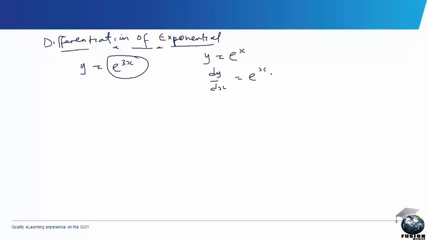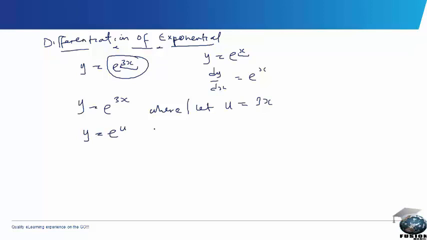When you get to higher levels you will understand why it remains exponential x, but this function is different because this has no coefficient, but this has a coefficient 3. So we'll treat this as a function of a function, and let u be equal to 3x. And so we have y equal to exponential u.